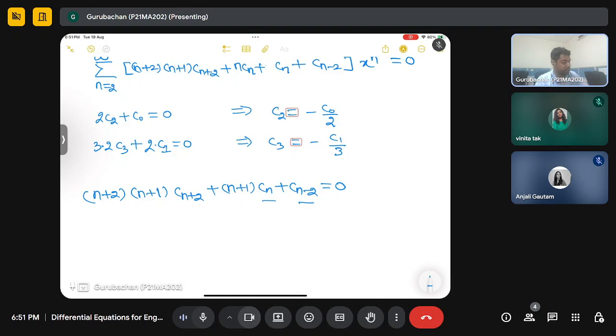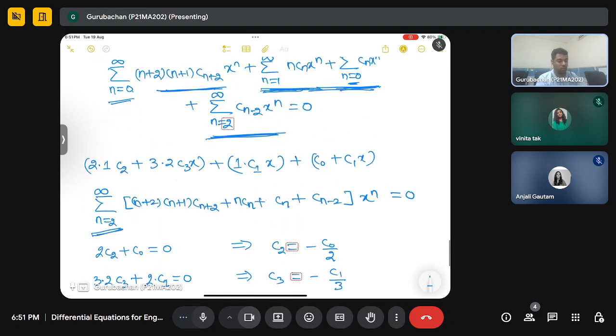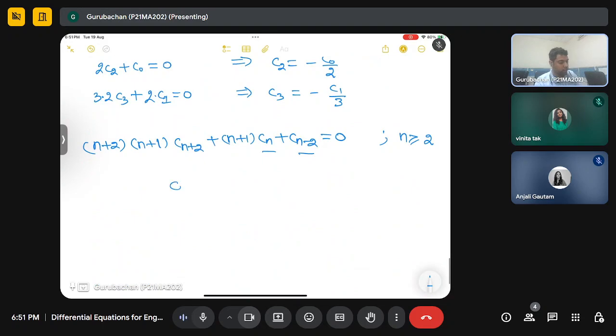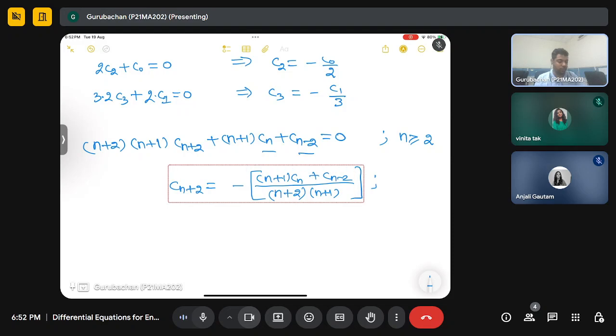Now we know this expression is valid for n greater than or equal to 2, since this summation is starting from 2. So from here, Cn plus 2 you will get as minus n plus 1 Cn. I'm writing this minus outside, so this will be plus Cn minus 2, divided by n plus 2 into n plus 1. Let me just re-verify if it has been written correctly or not.